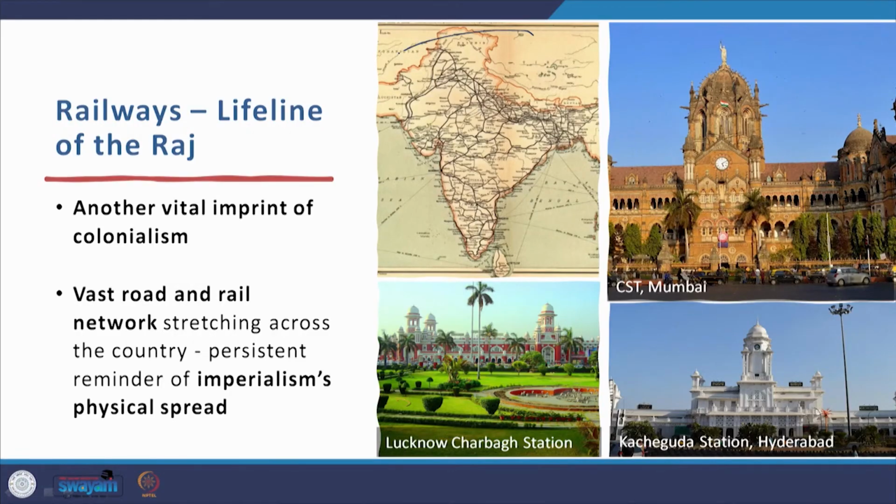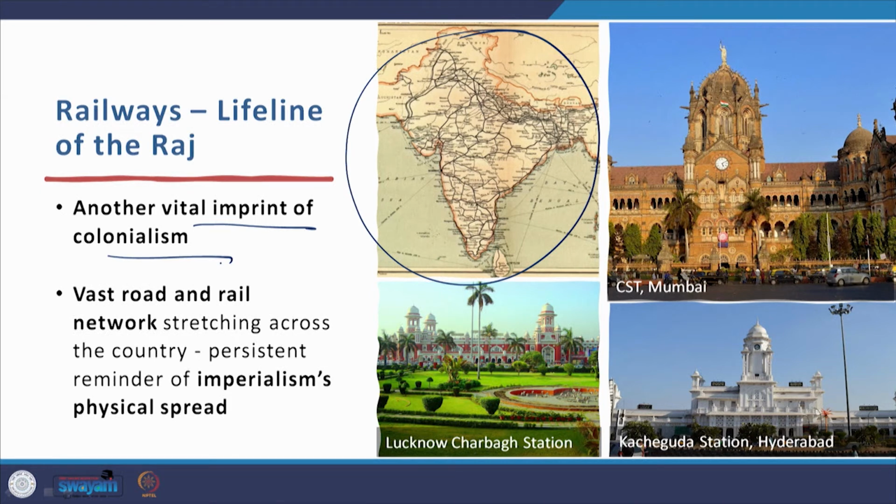Another important aspect of the Raj, or to validate this unity of India, was railways, which was their lifeline. This is what the rail network looked like in the Indian subcontinent in the British Raj, and it was a vital imprint of colonialism in India.